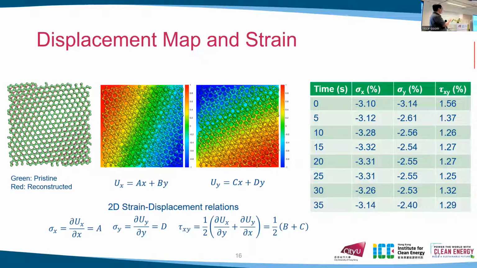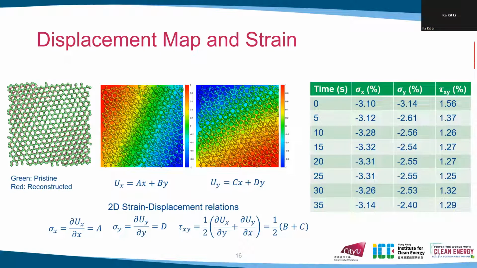The green is a pristine graphene, and the red is the one we constructed from the experiment. By comparing these two structures, we can obtain the displacement map in the x direction and in the y direction. We can use a simple equation on this displacement map, and then use the relations to get the strain x, strain y and shear strain.